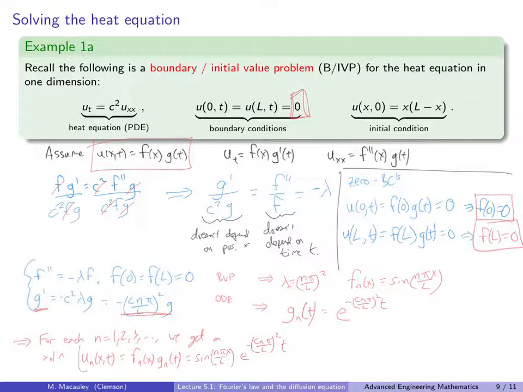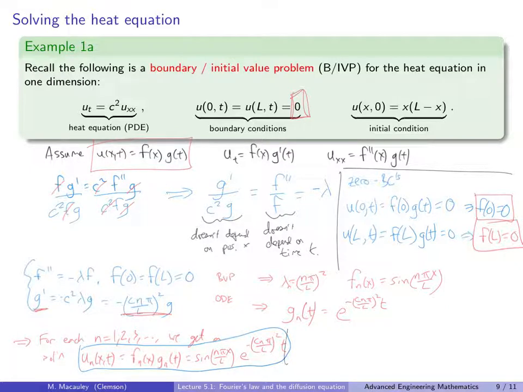So here is a solution, and we get one of these for every integer n. By superposition or by linearity, if we have a solution like this for any n, then any linear combination of those are solutions as well.